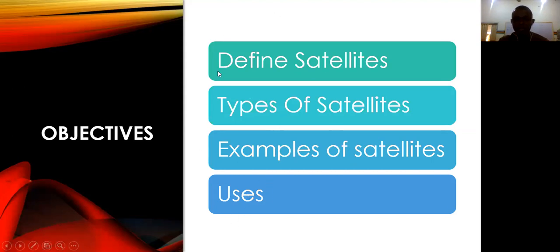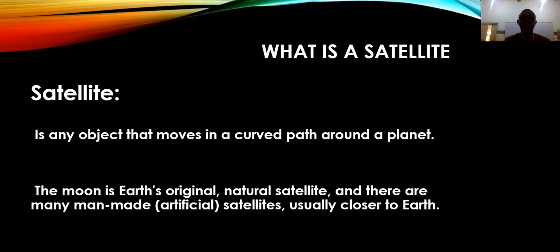So these are the four things we're going to quickly look at in this our additional learning science.